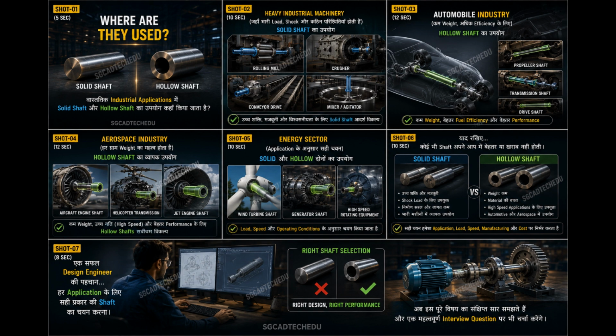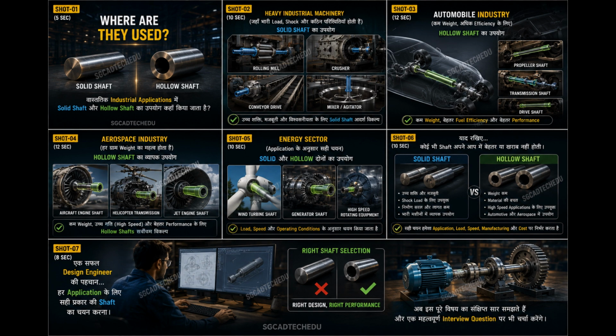In wind turbines, generators, and other rotating equipment, engineers select either solid or hollow shafts based on load conditions, speed, fatigue life, and manufacturing considerations. Remember, there is no universally superior shaft design. The best choice is always the one that satisfies the engineering requirements of the application.